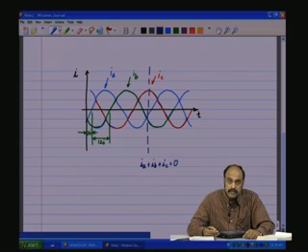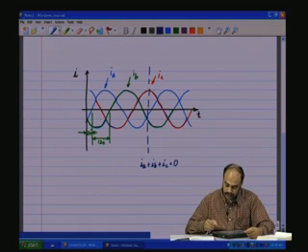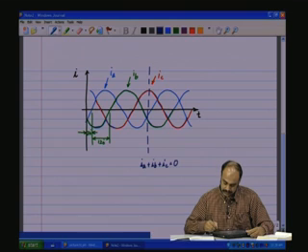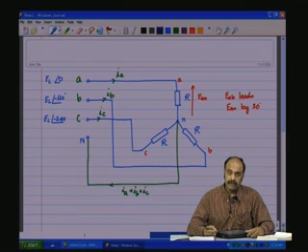So, now what happens when the loads are not balanced, which means some value of the load or the resistance is a different value.